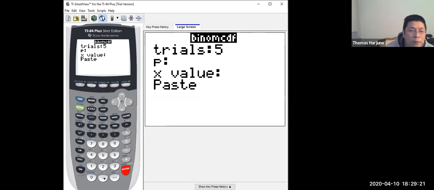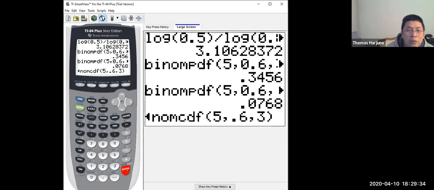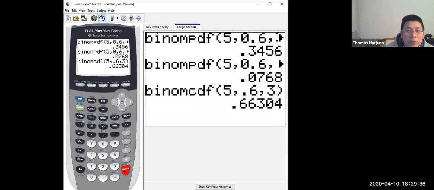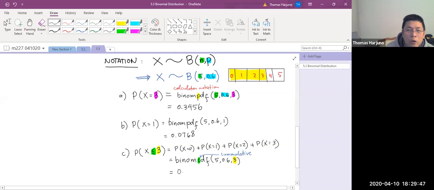The probability of each tail is 0.6. The cumulative value is up to 3. And then enter, enter, enter. I get 0.66304.